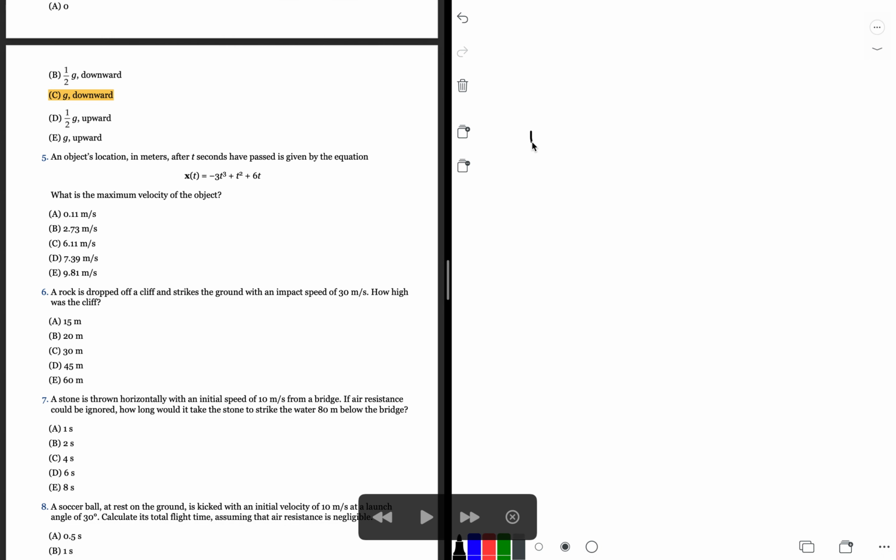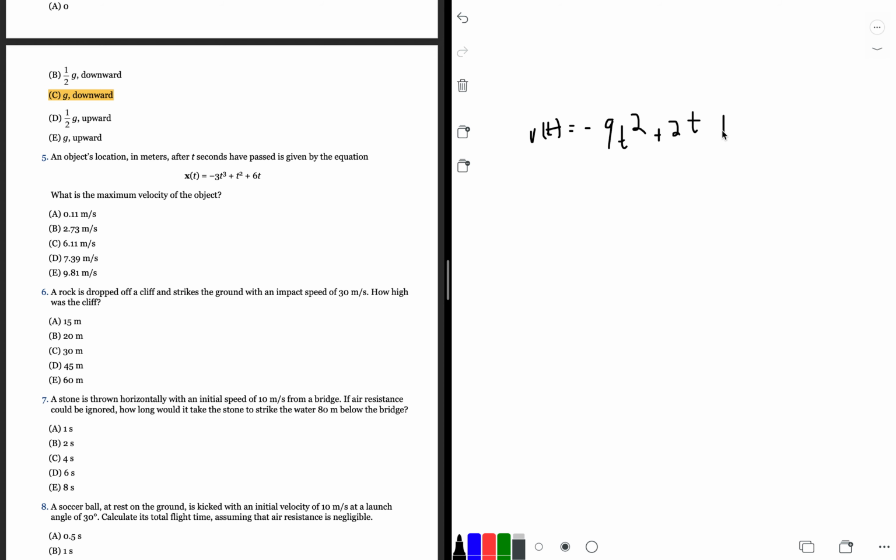So we know that velocity is equal to negative 9t squared plus 2t plus 6.